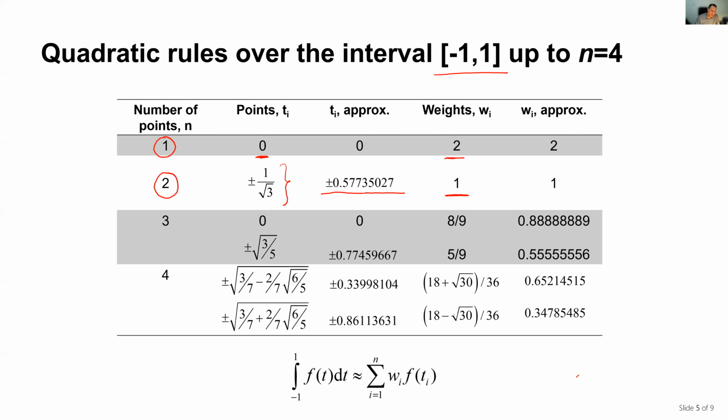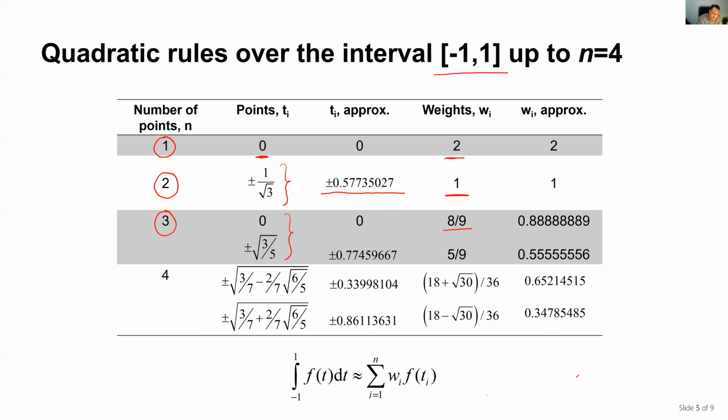Similarly, if we use 3 points, then we use again the central value of 0, which has a weight of 8/9, and then we use one value on the left, one on the right. So it is minus square root of 3/5 and plus square root of 3/5.